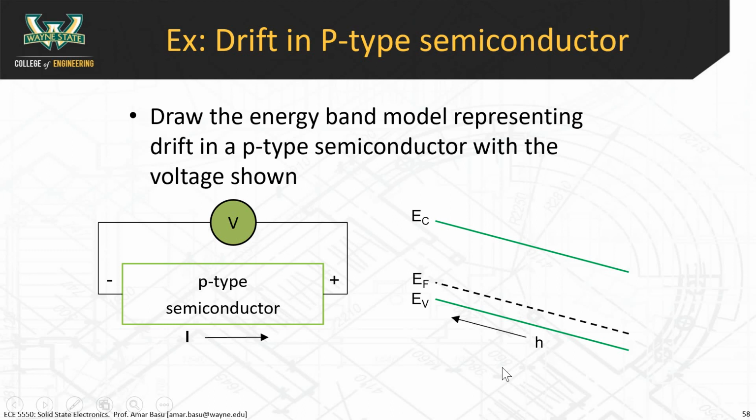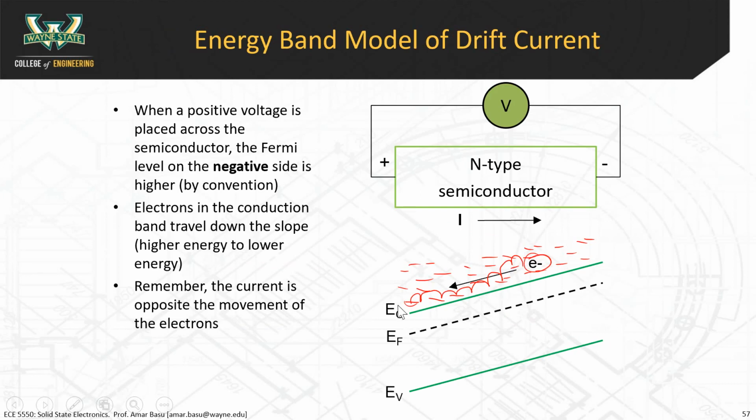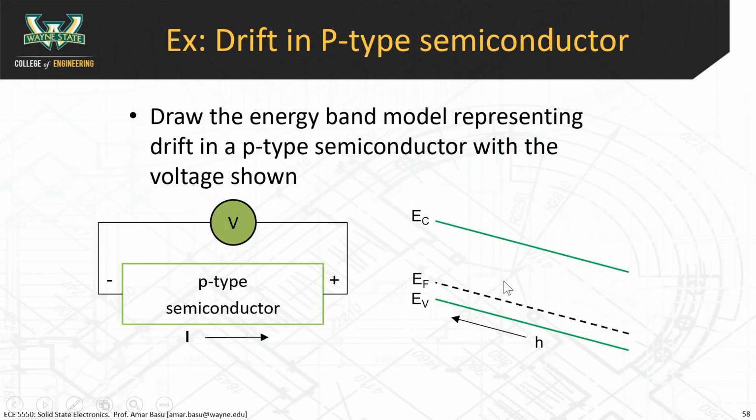And the way that you can think about this is that holes like to move up the slope. Just like electrons like to move down the slope, holes like to move up the slope. That's the rule of thumb that you can remember. What is actually happening here is that there's a whole bunch of states, and these states are full.